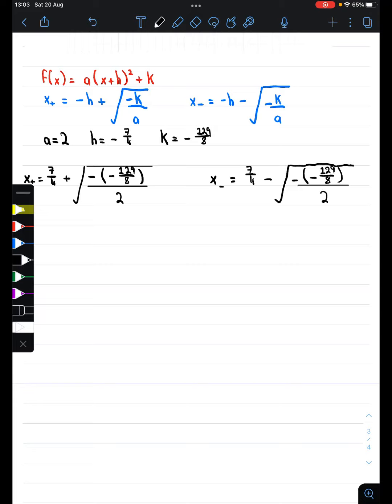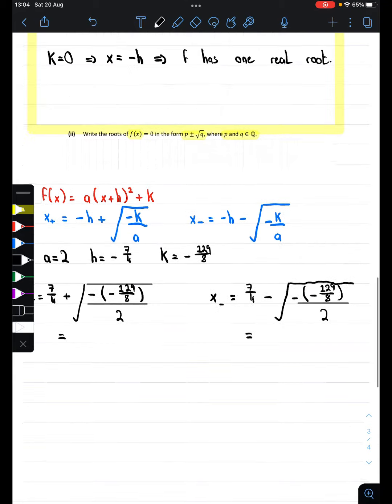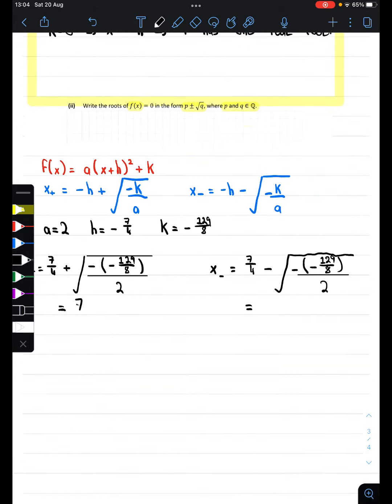And our roots are 7 over 4 plus the square root of 129 over 16, and 7 over 4 minus the square root of 129 over 16.